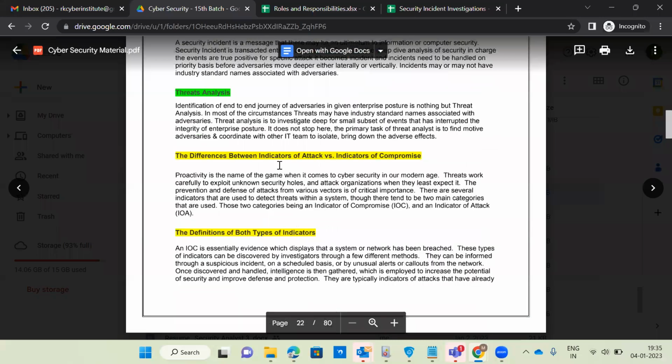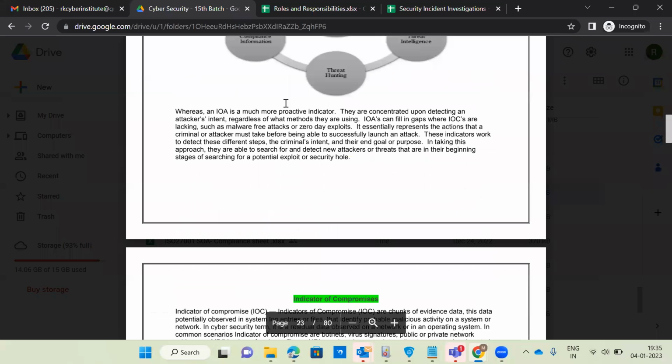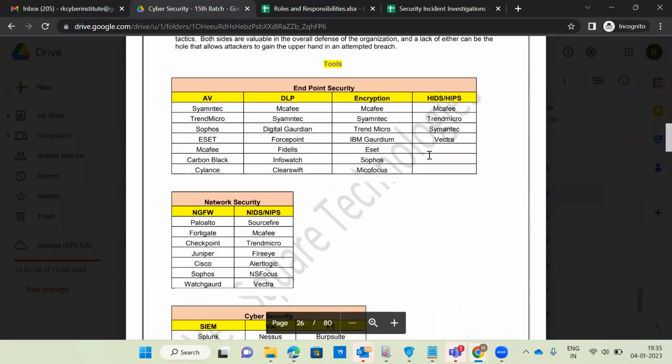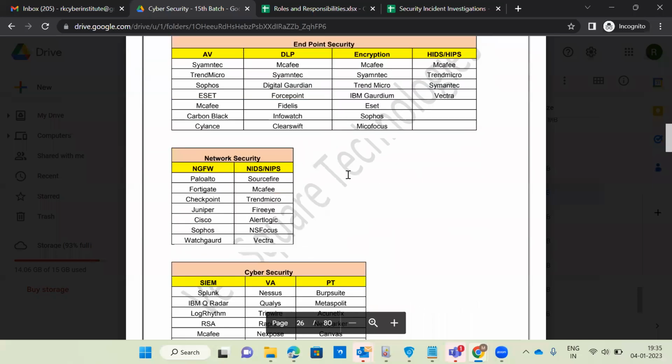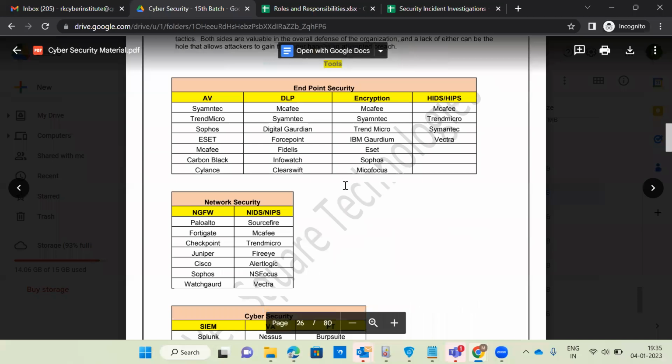These are a couple of tools: antivirus tools, DLP tools, encryption tools, HIDS, HIPS tools, next generation firewall, network IDS, network IPS, SIEM tool, vulnerability assessment, penetration testing. These are all the tools. One, WAF, is missing, proxy also missing. Yeah, it is there, WAF and proxy.